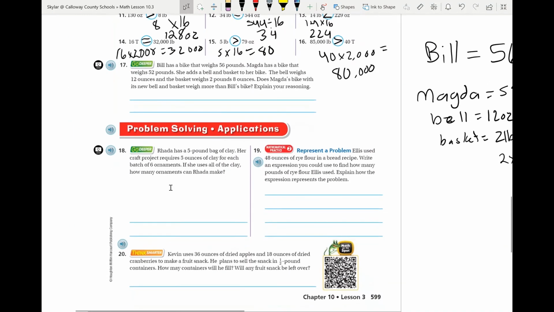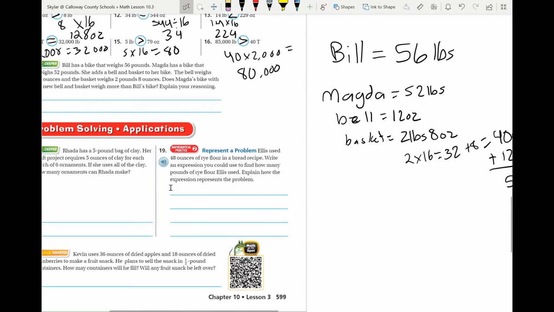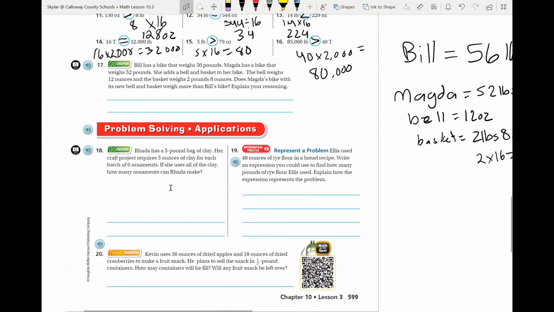So for number 18, and I'll drag it back over here, Radha has a 5-pound bag of clay. Her craft requires 5 ounces of clay for each batch of 6 ornaments. If she uses all the clay, how many ornaments can she make? So you need to find out how many ounces you have there.